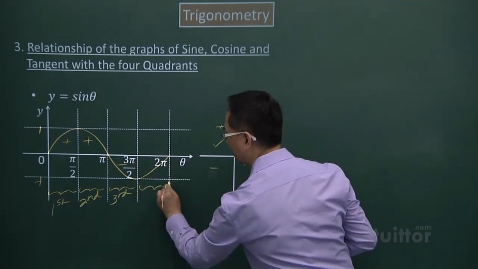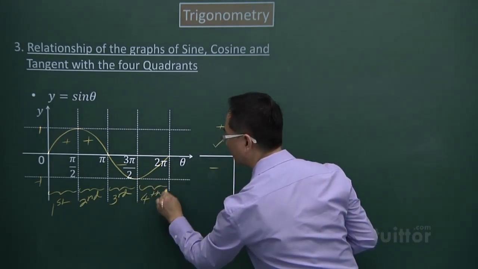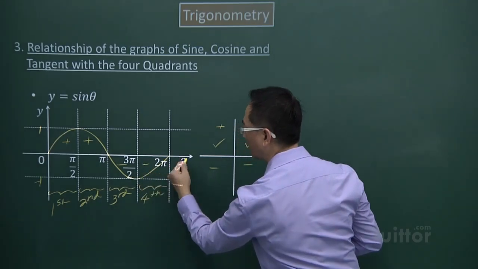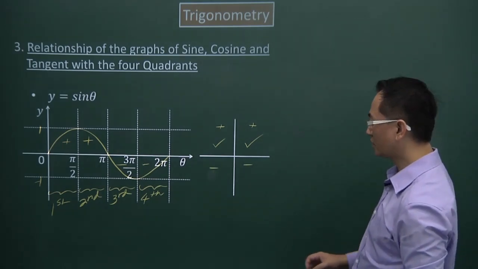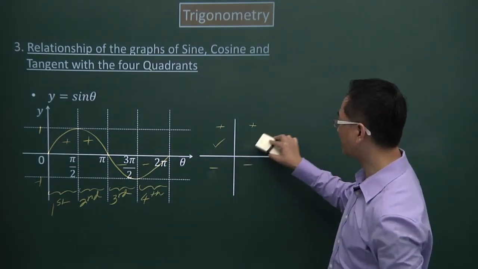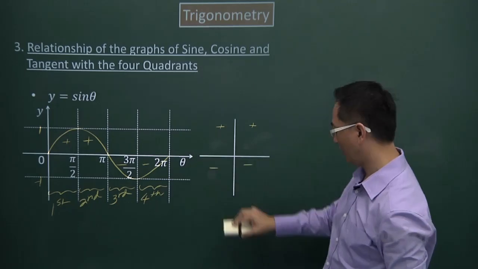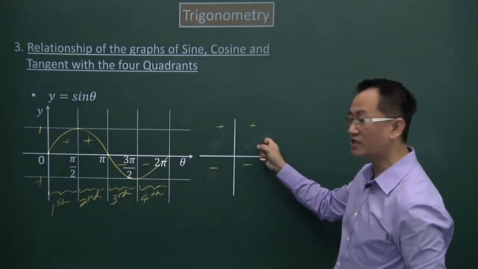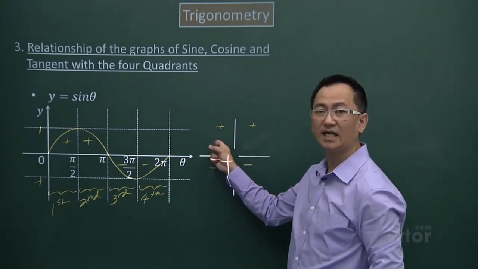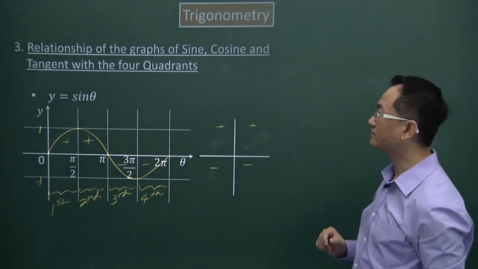You can see that here. This is the fourth quadrant. The y values are below the theta axis. So if you are looking for positive values of sine theta, you can find the theta in the first quadrant as well as in the second quadrant.